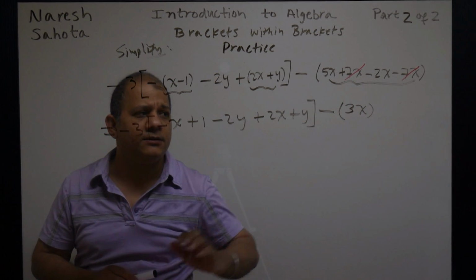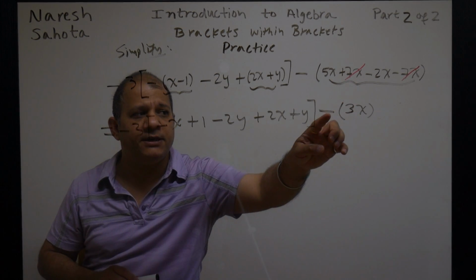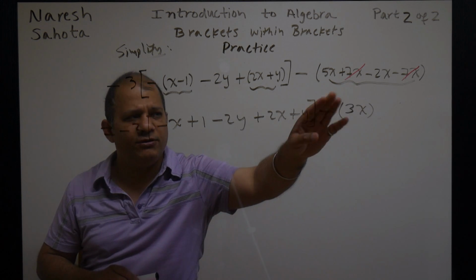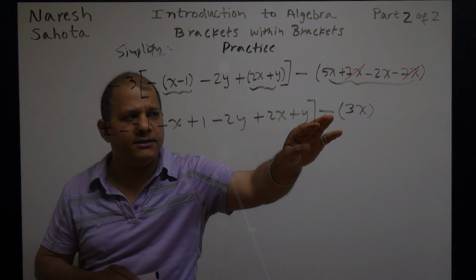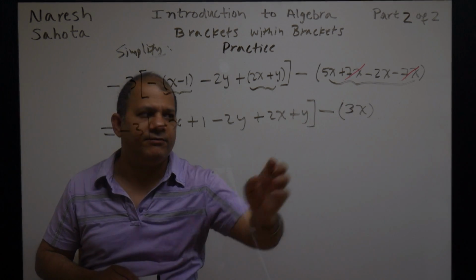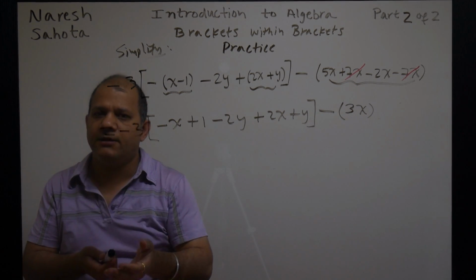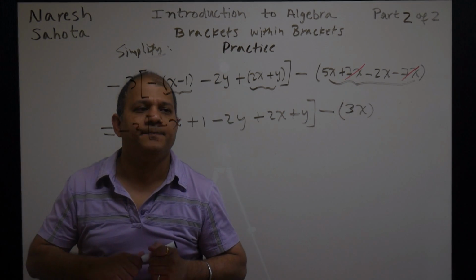I'm still keeping the brackets around the 3x because the sign outside the bracket is negative. So whenever you have a negative sign outside the bracket, you're safe to keep everything inside the bracket and then deal with it at the next step, until you become good at it, then you can do 2 steps in one.